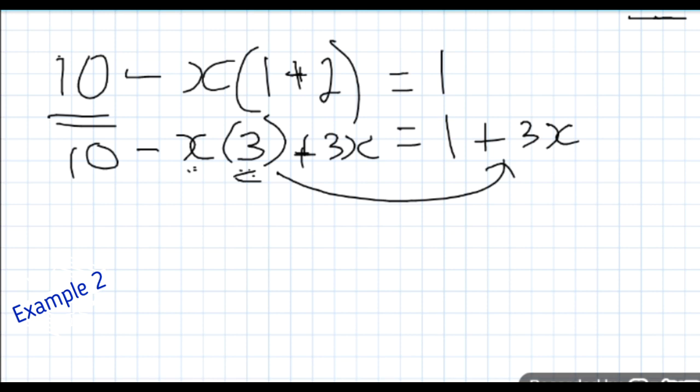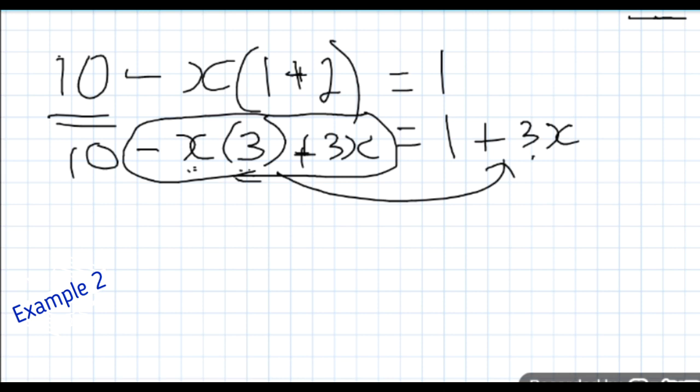So minus 3x plus 3x, which would mean that these two things cancel each other out. And then you have 3x on the other side. Can you see? It's the exact same result. So instead of putting plus 3x on both sides, I just took the minus x multiplied by 3, which is minus 3x. I just took it over the equal sign onto the other side, and it became plus 3x.